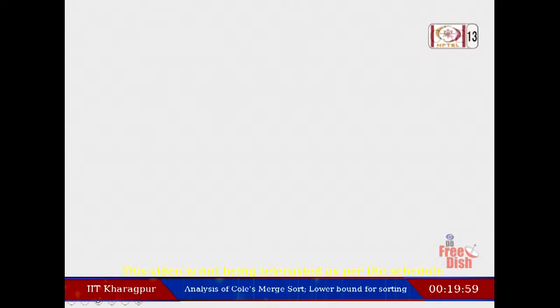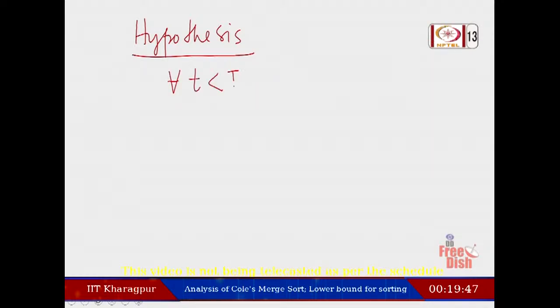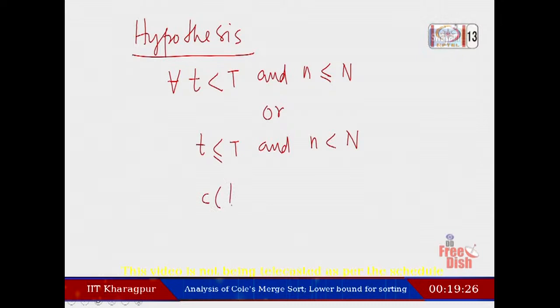So now let us hypothesize that for all small t less than or equal to capital T and small n strictly less than capital N, or small t strictly less than capital T and small n less than or equal to capital N, it is the case that C(t, n) is greater than t times n power 1 plus 1 by t, divided by e, minus t n.